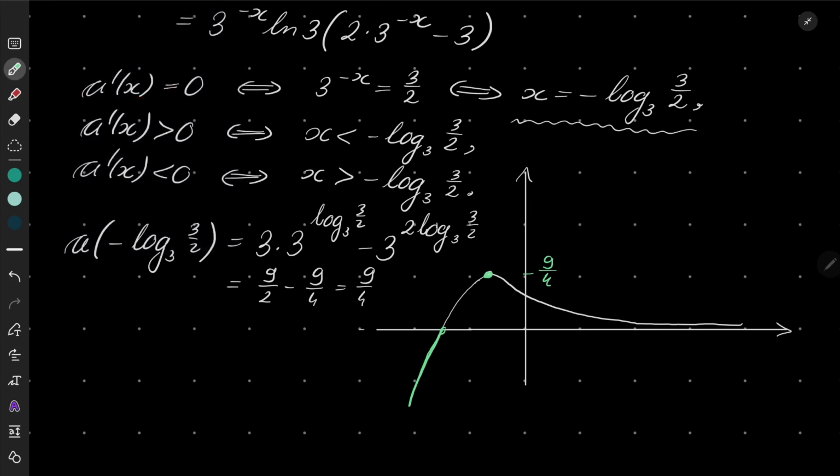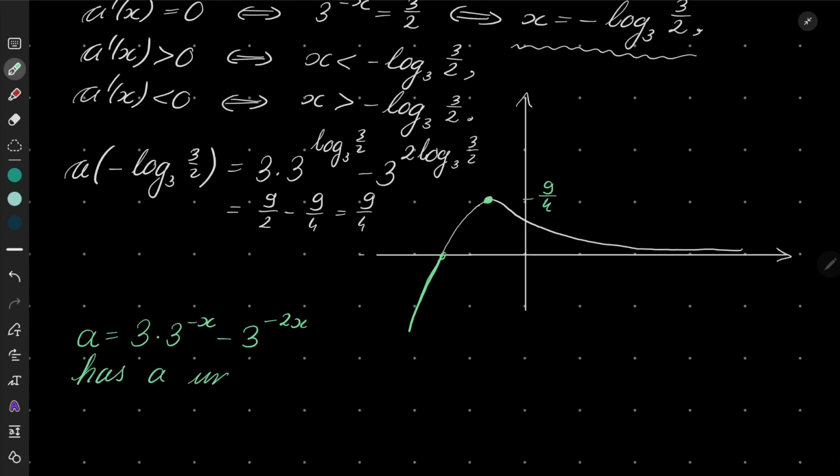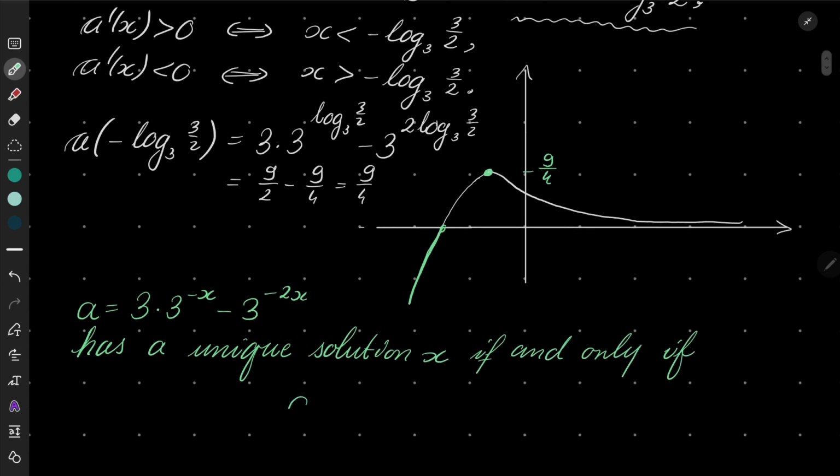So let's write it down. a equals 3 times 3 to the minus x minus 3 to the power minus 2x has a unique solution x exactly when, if and only if, a is in the interval from minus infinity to 0 closed, or when a equals 9/4.